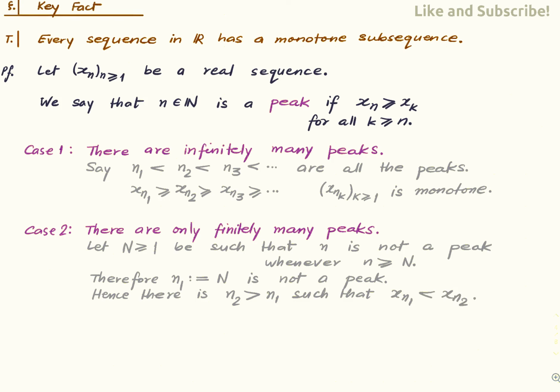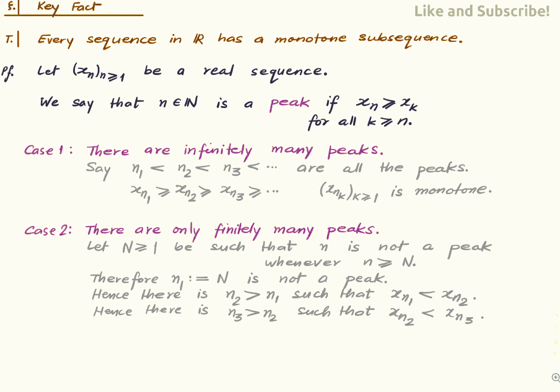There exists such an n2, because if there were no such n2, n1 would become a peak, but n1 is not a peak. Now, since n2 is greater than n1, n2 is also not a peak, because n2 also comes after capital N. So n2 is not a peak, and therefore there is n3 such that this happens.